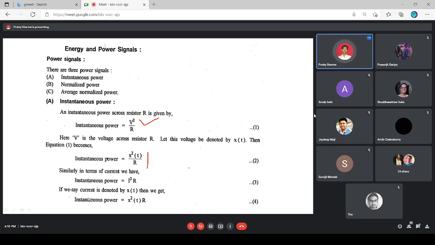This expression we can write by involving current and voltage separately. If we write the power expression involving the current, then it will be I square R. And if we write the voltage form, it will be x square(t) by R. This is called instantaneous power.